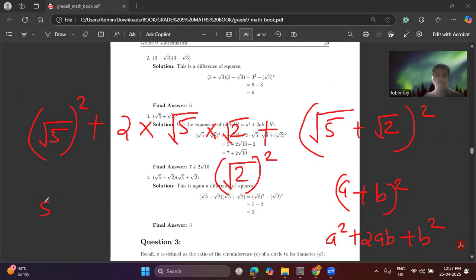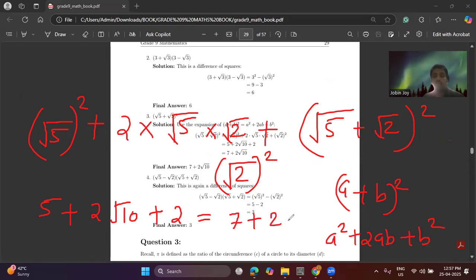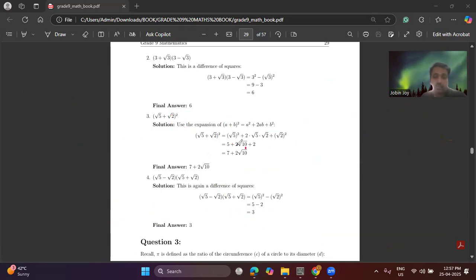So root 5 square is 5, plus 2 root 10, since root 5 into root 2 is root 10, plus root 2 square is 2. So 5 plus 2 is 7. 7 plus 2 root 10. So the answer is 7 plus 2 root 10.